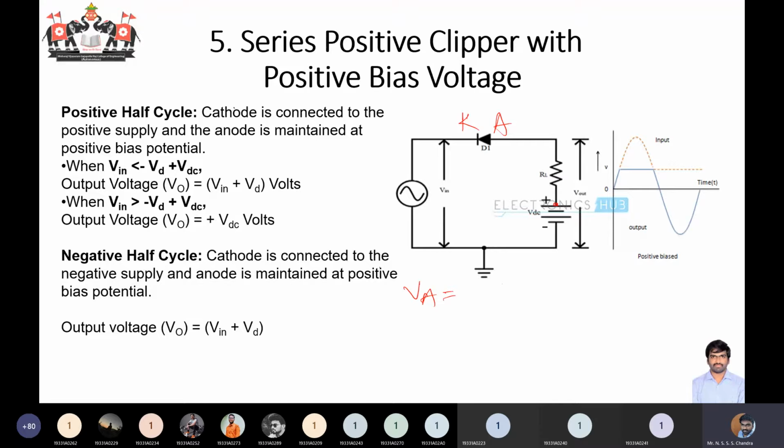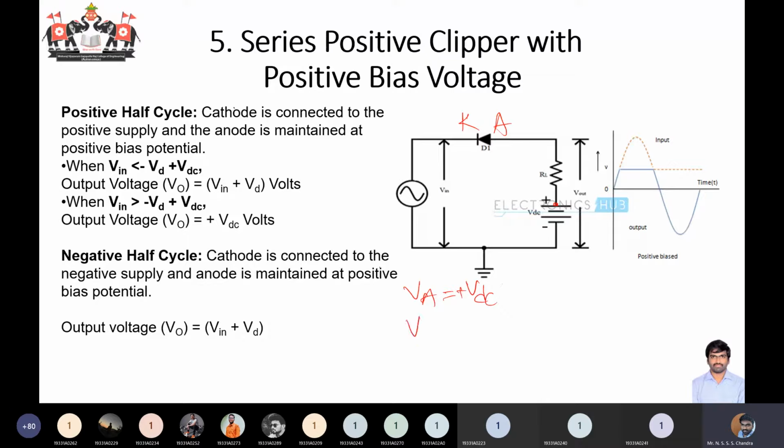So what's the VA value? Please respond. VDC minus IR. No, do not consider that your entire circuit is conducting. I'm just asking about the nodal voltages only. So consider that there is no current. So it is plus VDC.